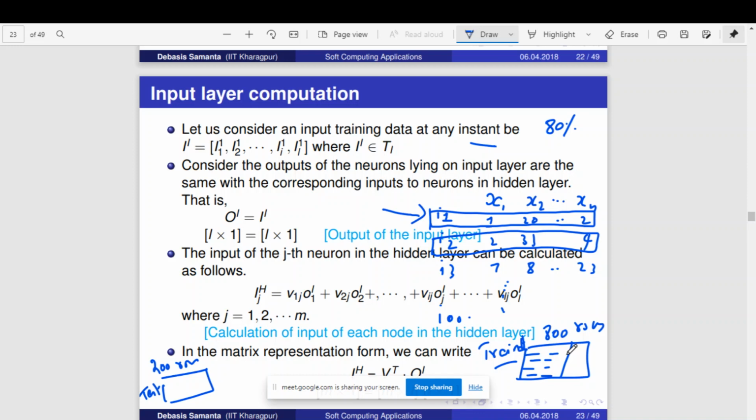The neural network is called the model, so you have to identify the right model. Model means how many layers the neural network should have, how many hidden layers, and how many neurons in each layer. All these things are modeling.